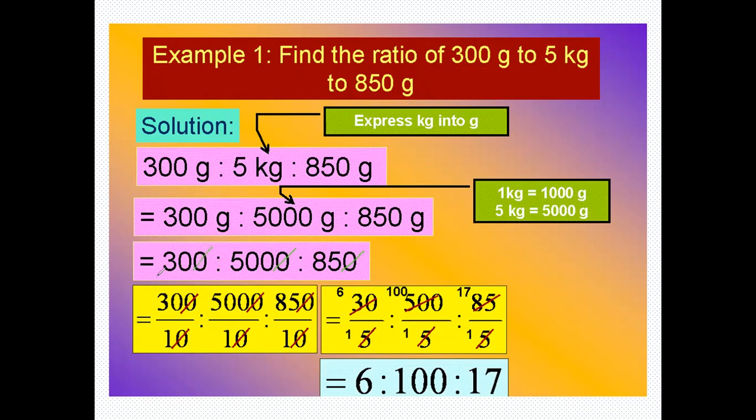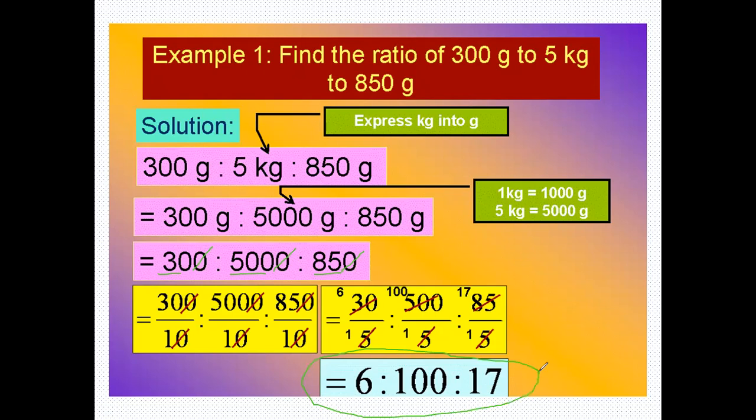What remains is 30 is to 500 is to 85. And 30, 500, and 85 are divisible by the highest common factor, which is 5. So our final ratio will be 6 is to 100 is to 17.